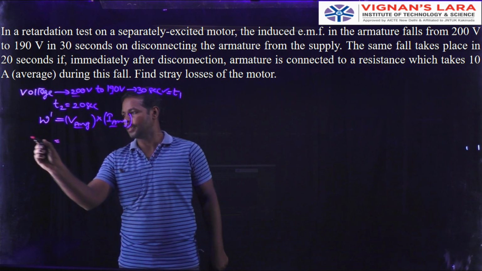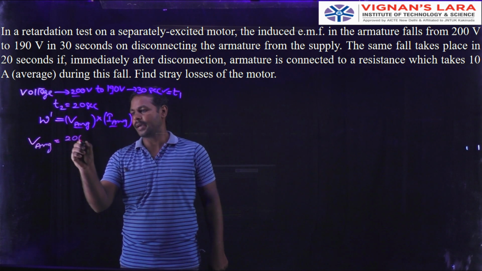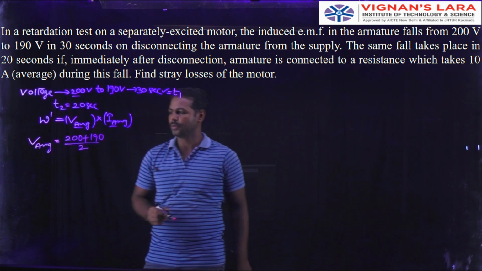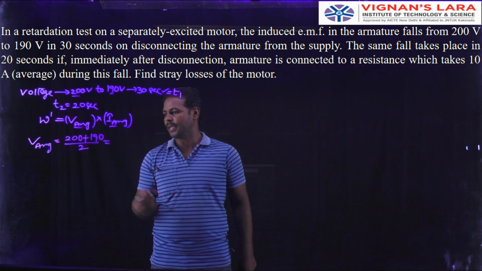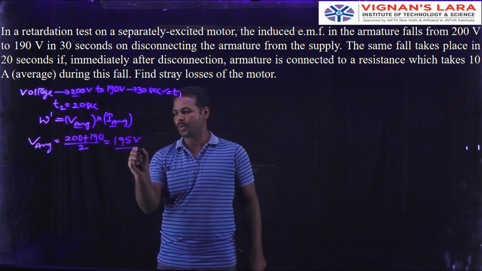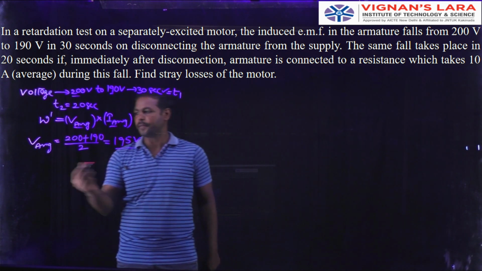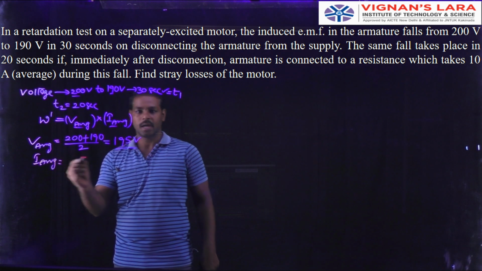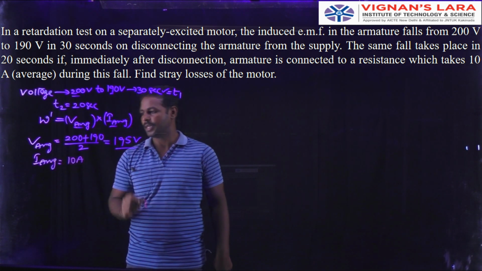That means V average is equal to (200 + 190) / 2, which is 195 volts. Already we know I average is equal to 10 amperes.